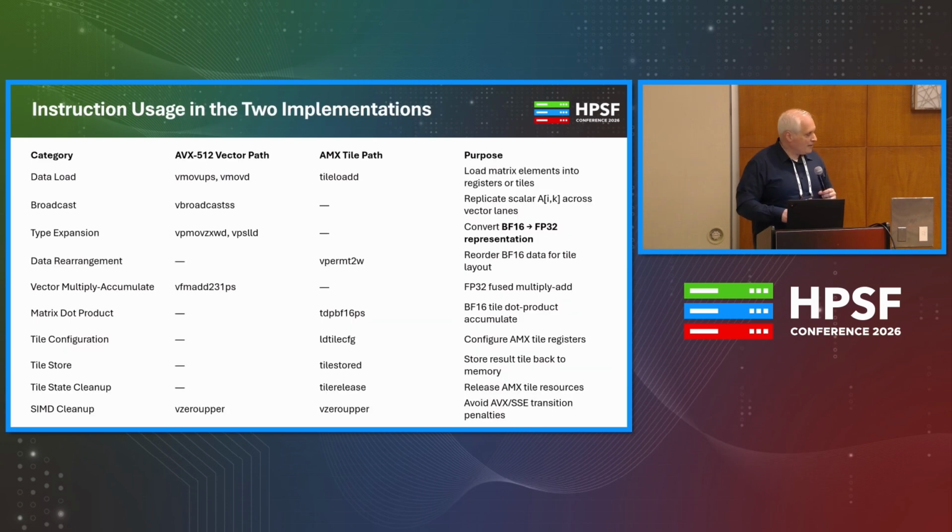It's worthwhile to compare the vector path and the matrix path. As you'd expect, on the AVX side you are using all the vector operations, whereas on the AMX side you're seeing the matrix dot products included.